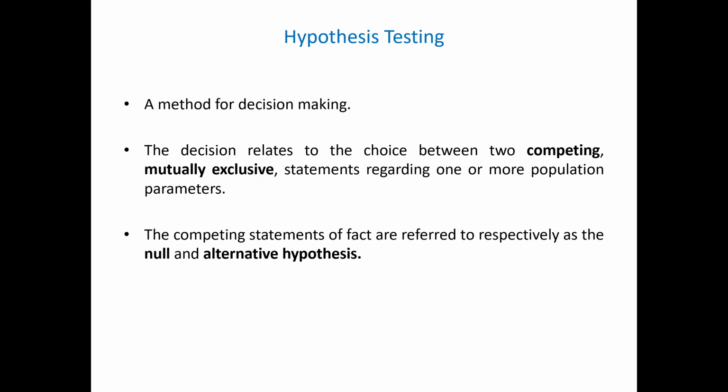When you say there's an association or there's a difference between, that is the research hypothesis, because that's what the researcher wants to test. But as a statistician, the test hypothesis is what the statistician will do for the researcher.